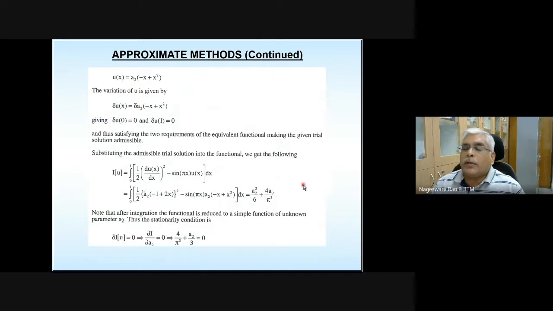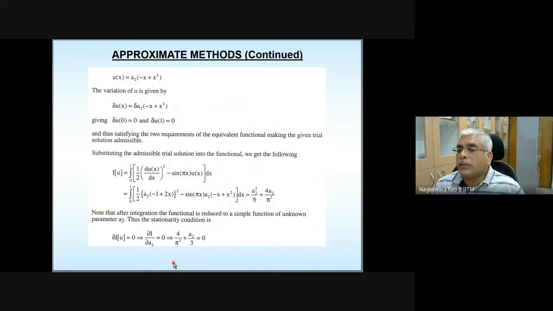Suppose in the admissible solution you end up getting two unknown parameters. When you start with a cubic trial solution, or for some other problem where you have essential boundary condition and natural boundary condition, it may turn out that the admissible trial solution consists of more than one unknown parameter. Then you are going to get that many equations.